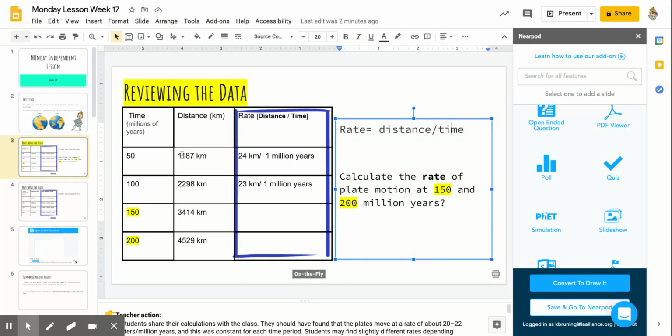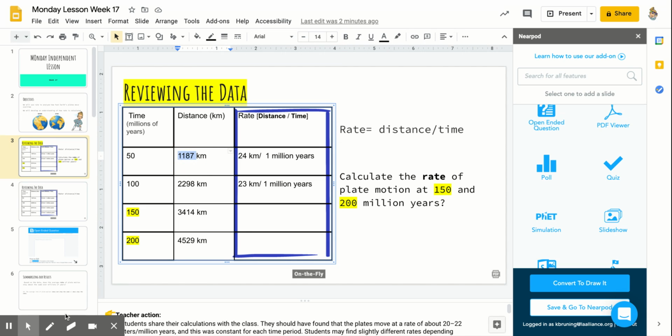So we need to go ahead and plug in our numbers to the equation. The numbers we're using to calculate our first rate are our distance of 1,187 kilometers. So let me go ahead and draw that: 1,187 kilometers.